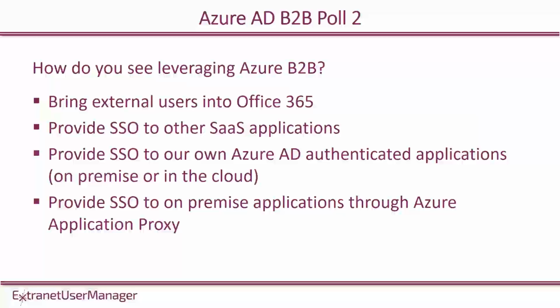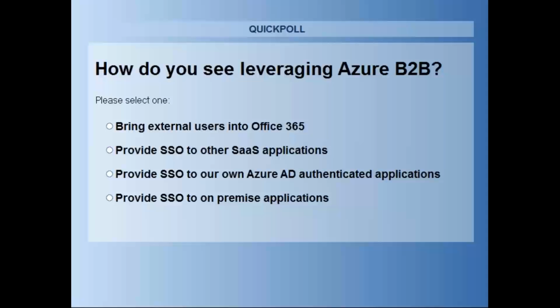I want to do a quick poll here just to get a sense from what you've seen here so far. How do you see leveraging Azure AD B2B? Is it specifically to bring external users into Office 365, or is there other SaaS applications that you're interested in using it with? What about your own, maybe you've got custom applications that are wired into Azure AD, or maybe you've got on-premise applications that you're interested in connecting through the Azure application proxy. And this will help us understand, for future webinars, where do we want to target in?